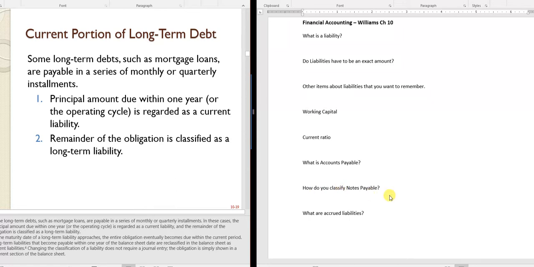How do you classify notes payable? Anything due within the next year is current. Anything not due within the next year is non-current. So you can have a $100,000 loan or note, and you're paying it off $10,000 a year over the next 10 years. So in year one, you're going to have $10,000 current because it's due in the next 12 months.